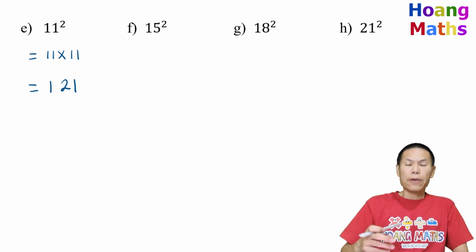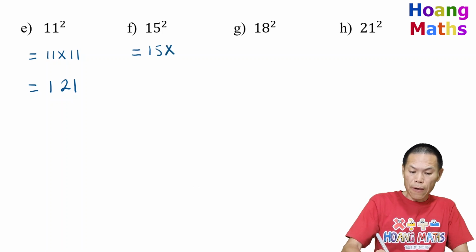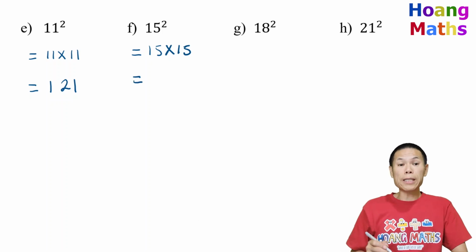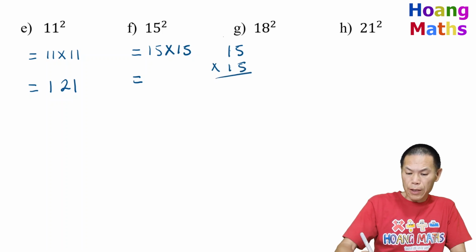Part F: 15 squared. So we have 15 times 15. 5 times 5 is 25. Put 2 on top. 5 times 1 is 5, add 2 is 7.